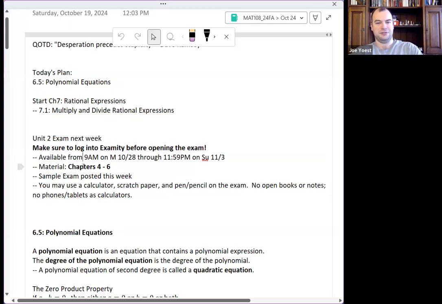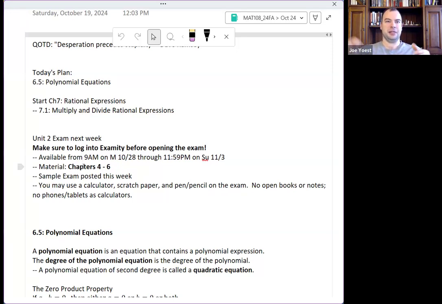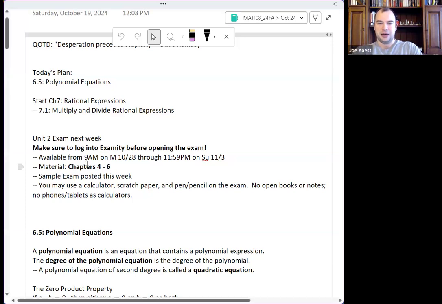It's not the end of the world if you get that out of order, or if it starts up and then you start the Examity session. It's not that big of a deal. Just keep going with the exam. But I don't want you to click on the exam and have it open up and then have the timer start and then try to do the Examity stuff. So I don't want you losing time while you're getting the Examity session set up.